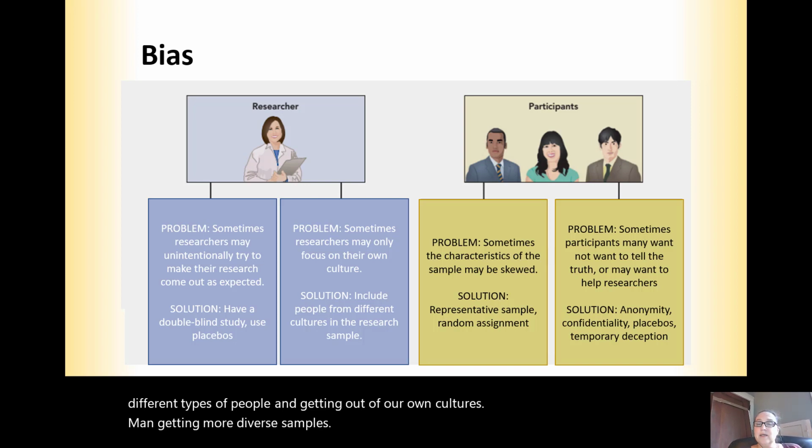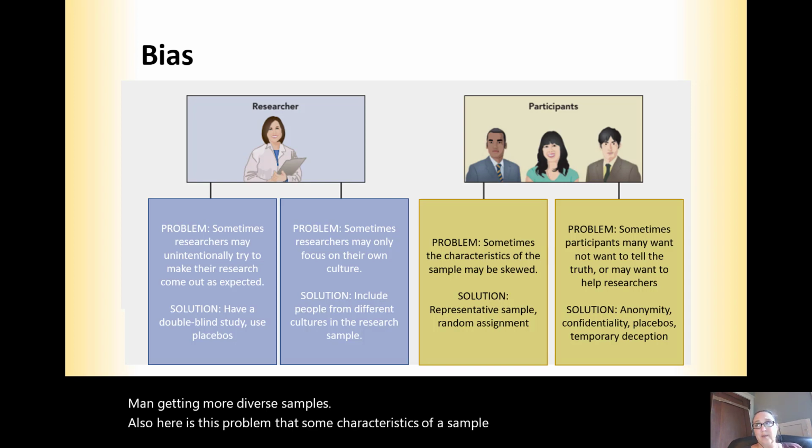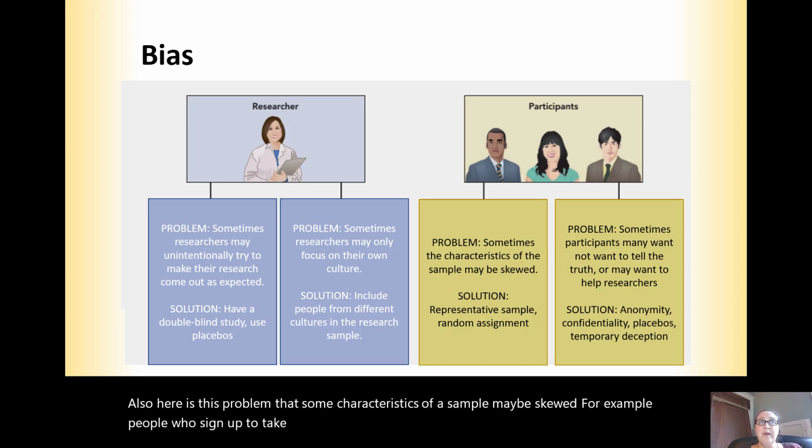Also, there is this problem that some characteristics of a sample may be skewed. For example, people who sign up to take yoga may be already predisposed to relaxation.